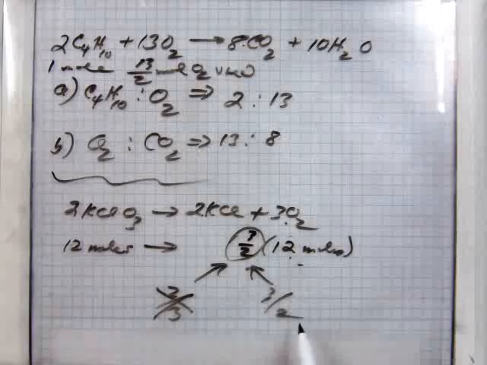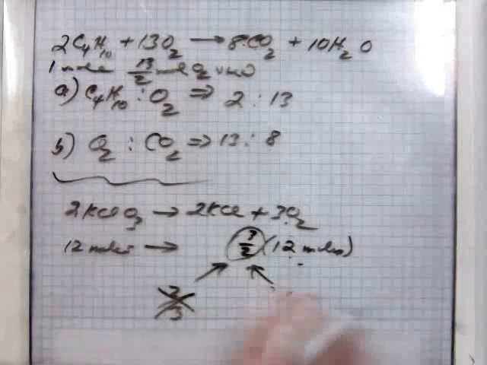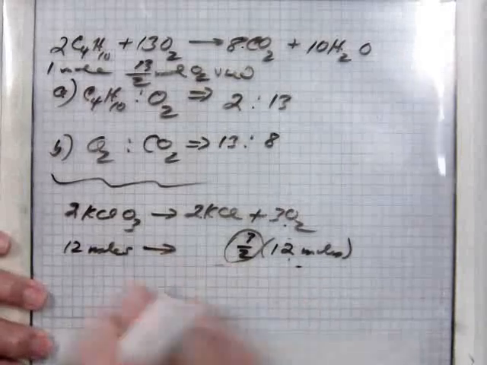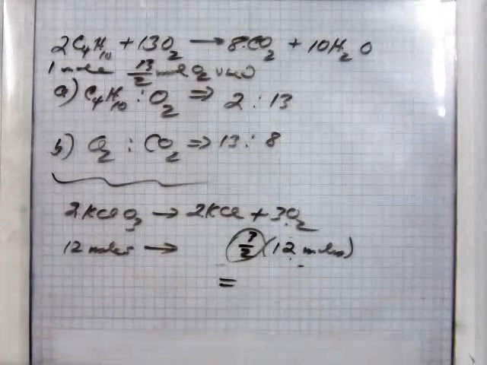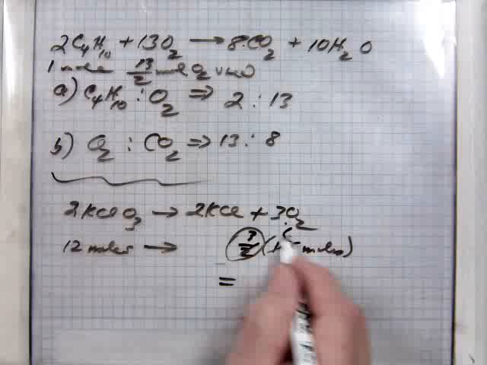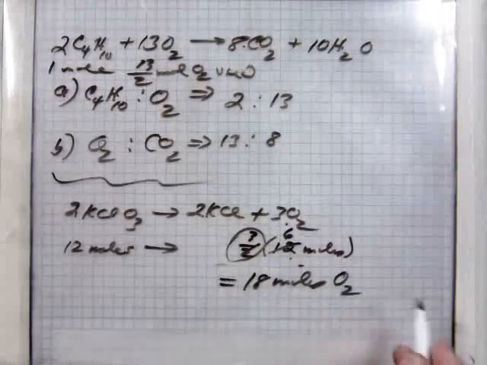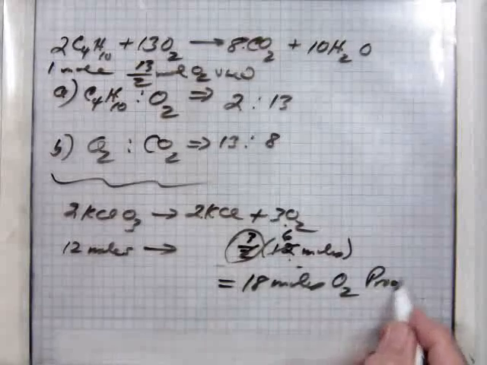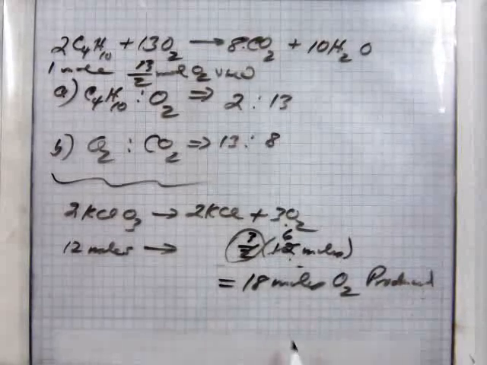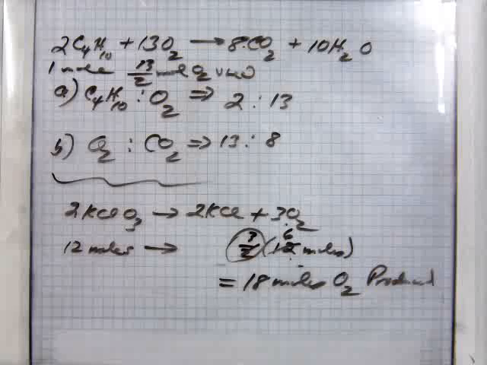Now, let me get rid of this for a second. So that's 18 moles of O2 produced. How many grams? How do you convert moles to grams? Multiply by formula weight. Yeah. So this is what I'm saying.